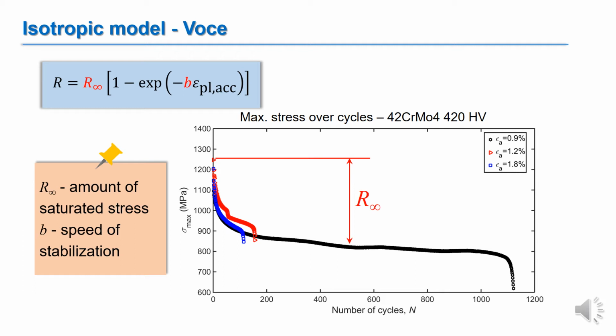R infinite can be determined as the difference between the maximum stress in the stabilized cycle, which is conventionally taken at half the number of cycles to failure for material that never stabilizes, like in this case, and the maximum stress in the first cycle. Parameter R infinite can be positive, capturing cyclic hardening material behavior, or negative, like in this case, capturing cyclic softening material behavior.